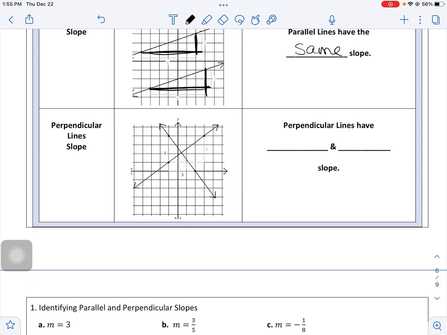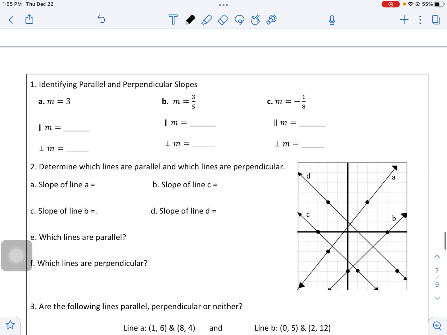Perpendicular lines are two lines that form 90-degree angles. That's perpendicular lines. And perpendicular slopes then have opposite reciprocal. Opposite reciprocal slopes.